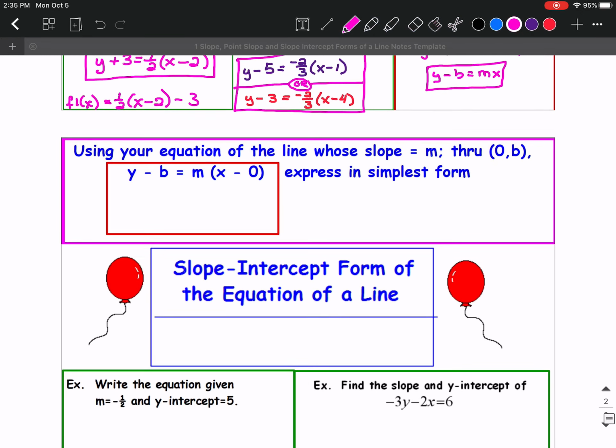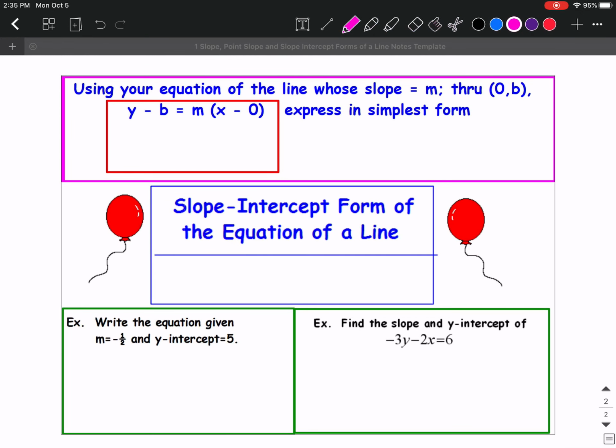If you look at this, so this is the same one. Our slope is m, and it passes through the point 0, b, and that's an x1 and a y1. But that b, if the x value is 0, is the y-intercept.